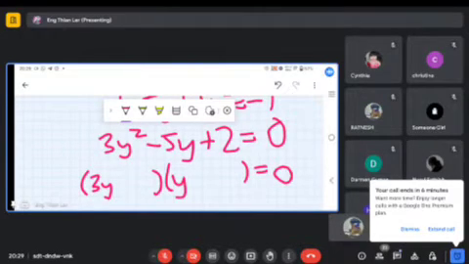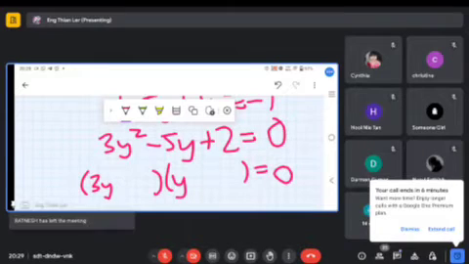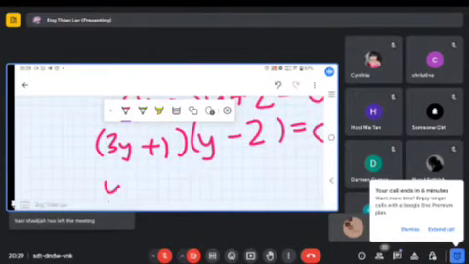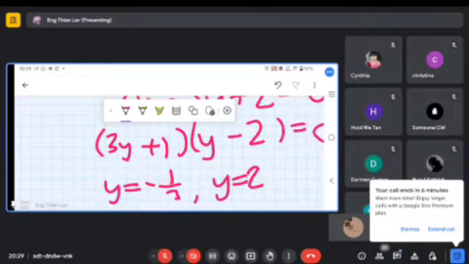Negative 1 times negative 6 is... 1 minus negative 6... is negative 5. So (3y minus 2)(y plus 1). Now we have two y values: y equal to negative 1 over 3, and y equal to 2.